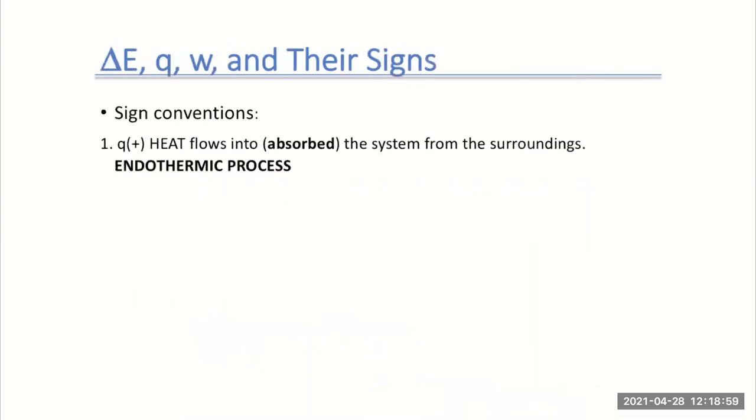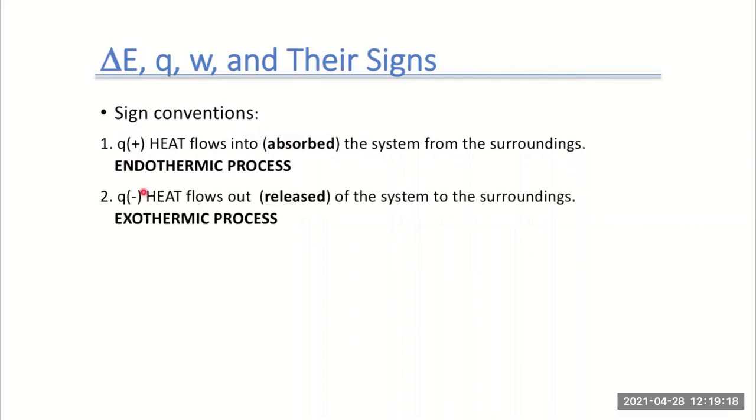And so looking at the sign conventions here, because we've been talking a lot about different letters and signs. First, if I have Q and it's positive, then heat flows into the system. So heat is absorbed into the system. That's endothermic. If Q is negative, heat flows out of the system.